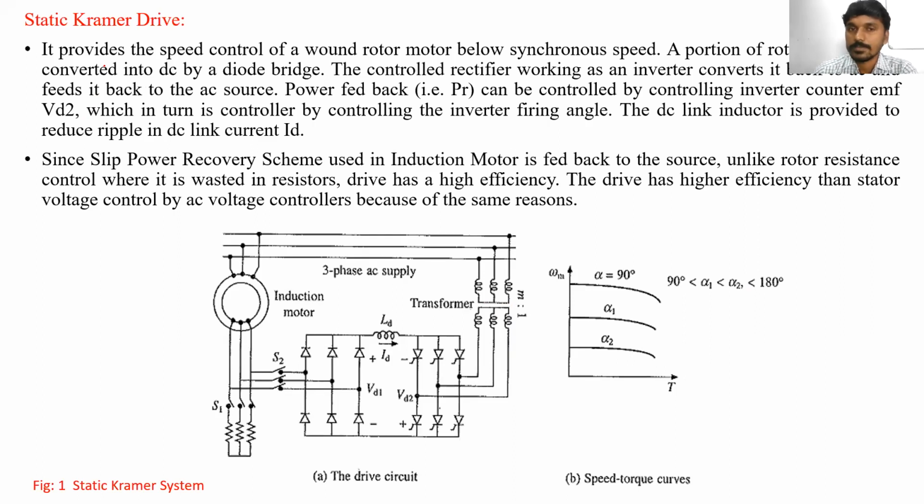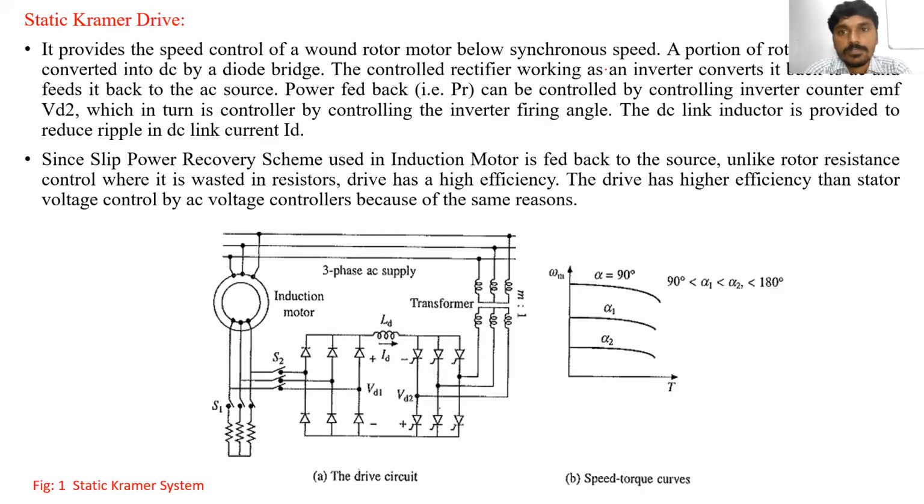What is the Kramer drive? It provides speed control of a wound rotor motor below the synchronous speed. A portion of the rotor AC power is converted to DC using a diode bridge rectifier.